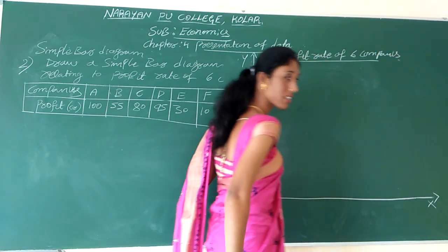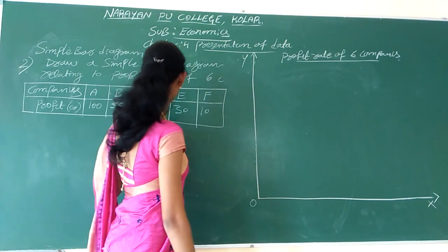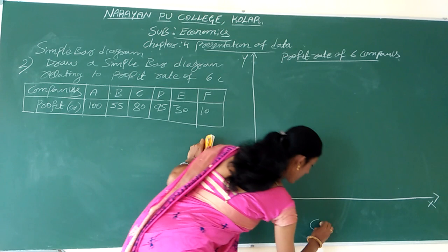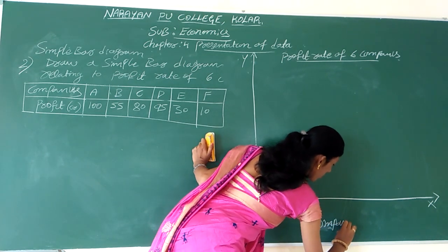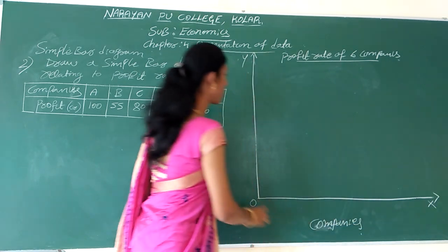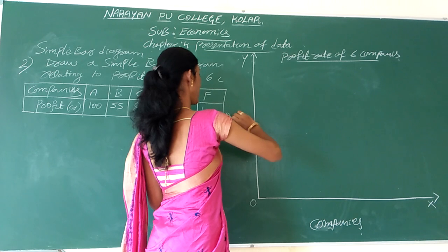This is the title of the chart, and in the OX axis we are measuring companies, and in the OY axis we are measuring profit rate.